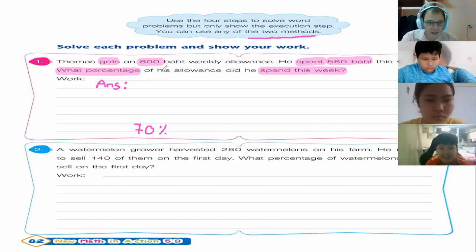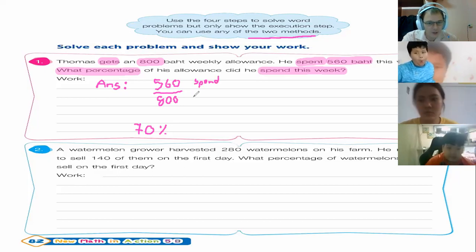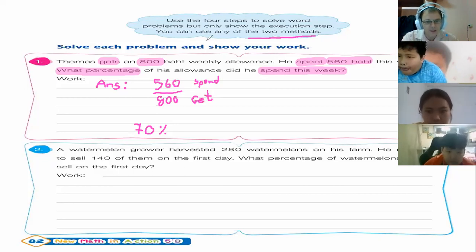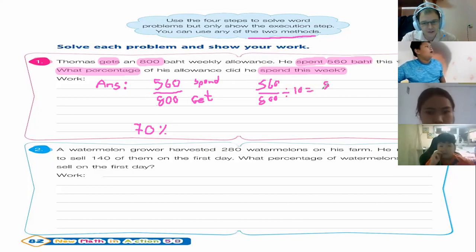Let's look at another way. We can use 560 over 800. Remember, on top we put what he spent. How much did he spend? Goes on top, and what he gets at the bottom. So the first thing we can do is simplify the fraction. We take the 560 and the 800, divide by 10 to give us 56 over 80.